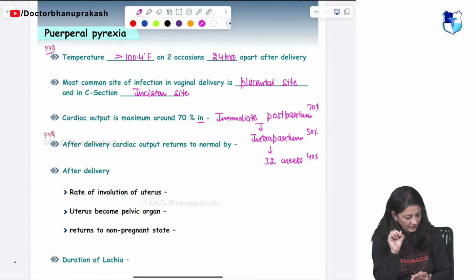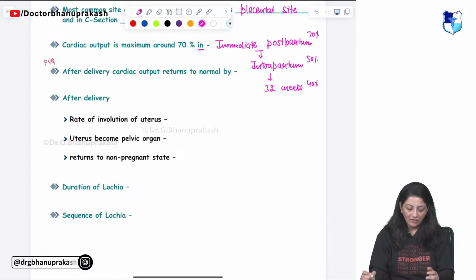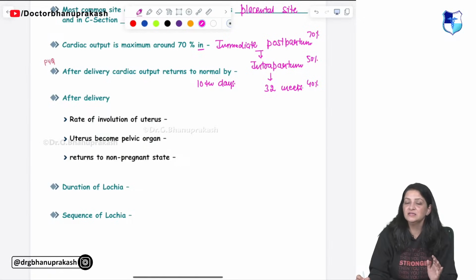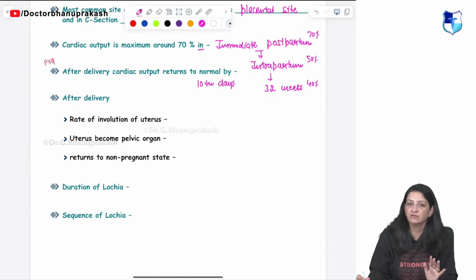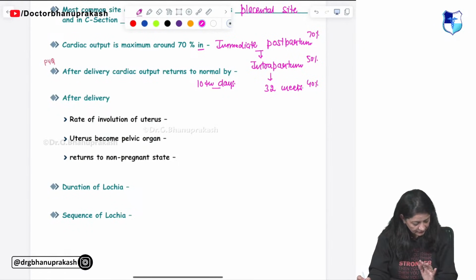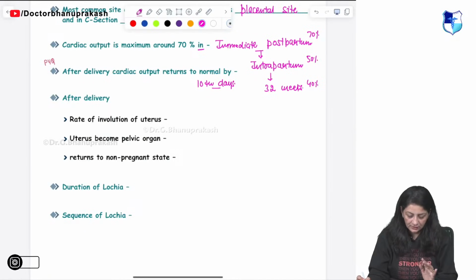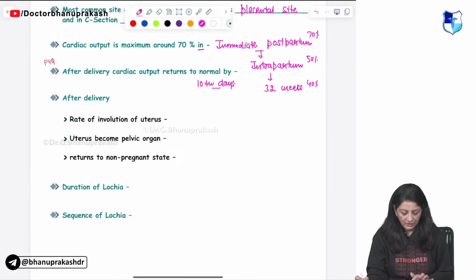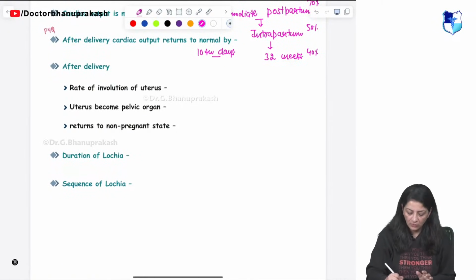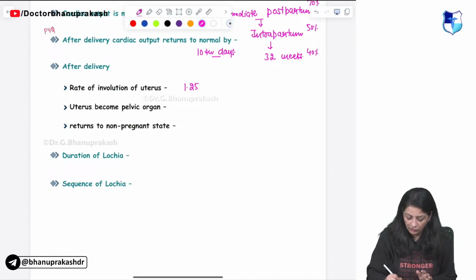Yes, Fahrenheit. Okay. So after delivery, cardiac output returns to normal by the 10th day. It remains high up to 24 to 48 hours, but returns to normal by the 10th day. After delivery, the rate of involution of the uterus is around 1.25 centimeters per day.